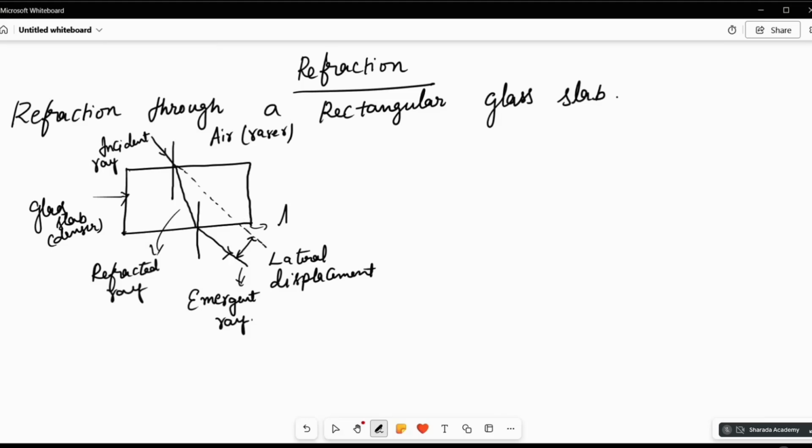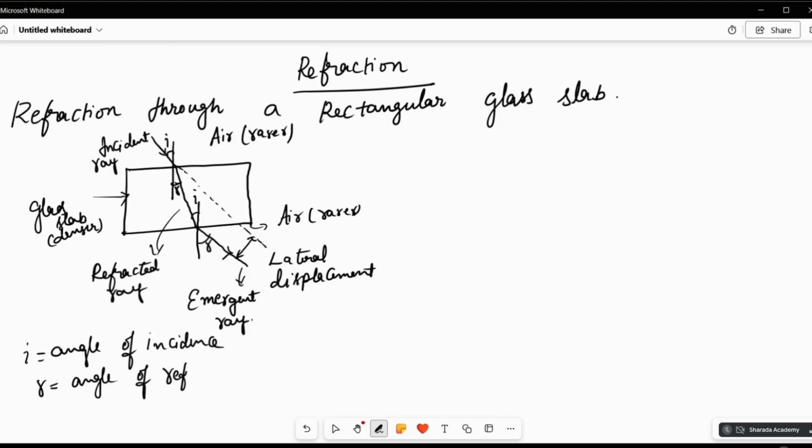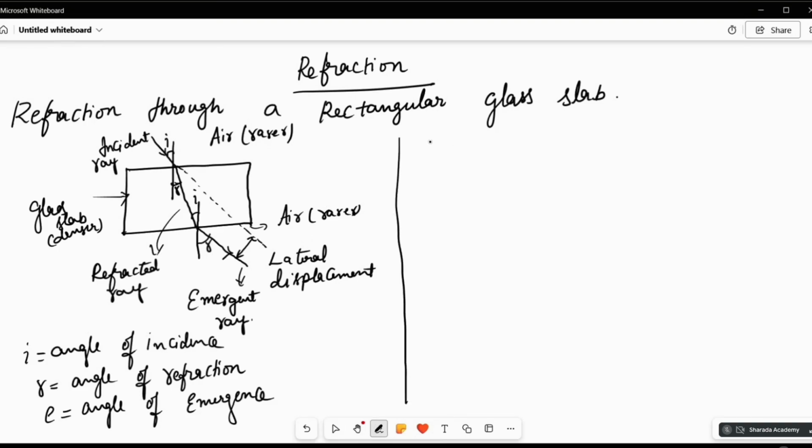And again we have here air. It is a region. Lateral displacement.